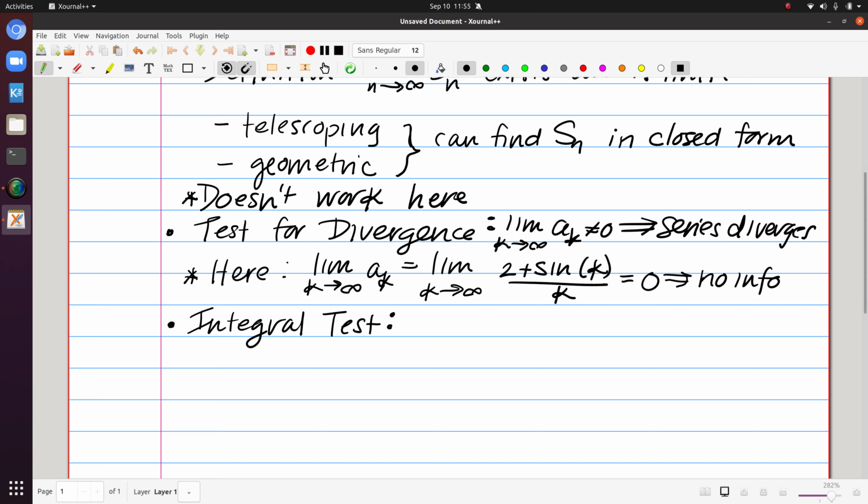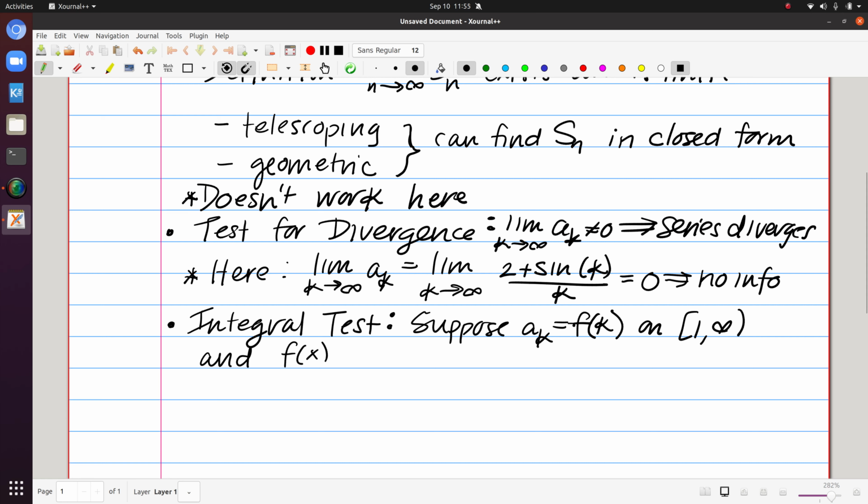For that, we said that we could consider the connection that a sub k is equal to f of k on whatever our interval is, let's say 1 to infinity, and we suppose f of x is positive, decreasing, and continuous.